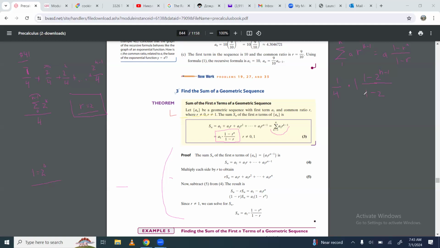So what happens is I can simplify it a little bit. So I'm going to have a negative here because 1 minus 2 is negative. So we end up with a negative 1/4, right? Multiplied by this, in the parentheses, 1 minus 2 to the power of n minus 1.